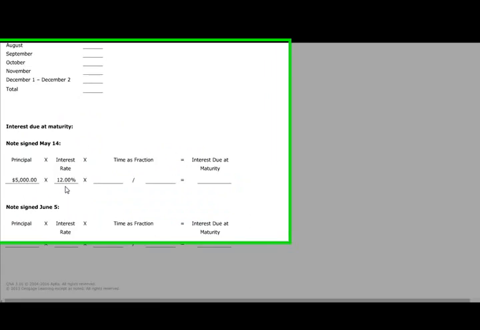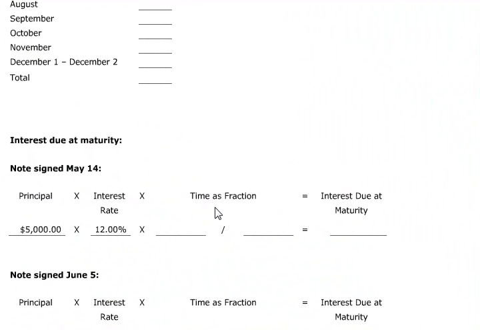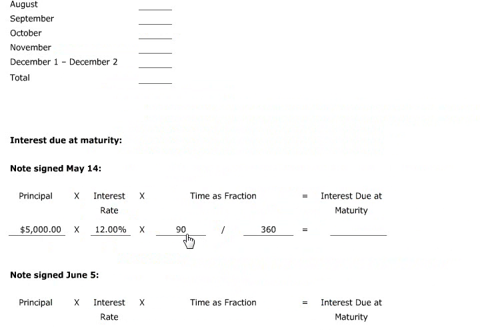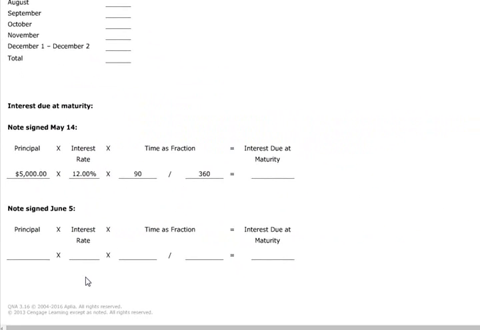So what Aplia wants you to do is write 12 because they turned it into a percent. And where it says time as a fraction, the fraction is going to be based on the days in a year, and there are 360 business days in a year. Okay, 90 of those are taken up by our 90-day note. Okay, so we have 90 over 360.